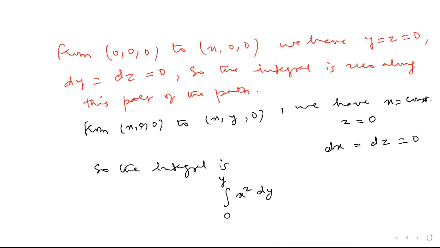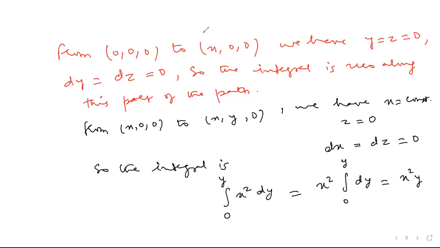From 0, this is y of initial point, y of final point is y. So evaluate this integral. Integral x square dy, 0 to y is x square times the integral of dy from 0 to y, which is x square y. So this is the value of the integral for second part of the path.